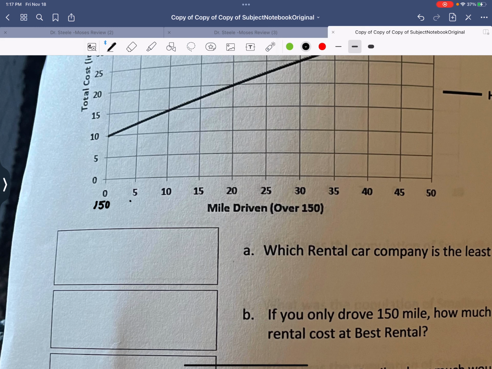So this one would actually be 150 plus 5, 150 plus 10, 150 plus 15, 150 plus 20. And I'm just going to go ahead and finish those numbers all the way up because I like to see those. Just be careful reading your graph.